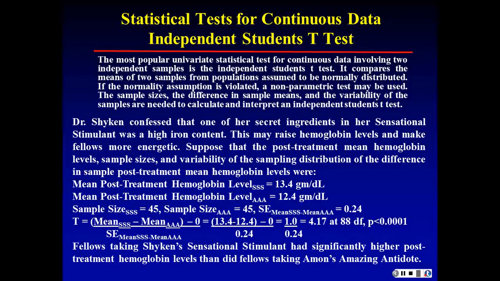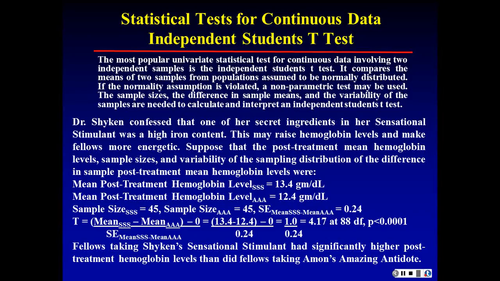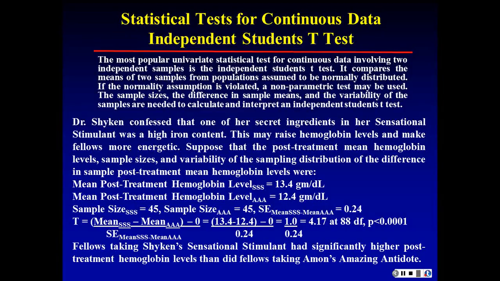You take the difference in the two sample mean hemoglobin levels, Dr. Scheiken minus Dr. Ramon, get that result, put the 45 fellows back in their respective groups, take out another 45 fellows from both groups, calculate the sample means for each group again, take the difference for those two samples, Dr. Scheiken minus Dr. Ramon, put the fellows back in their respective groups again, take out another 45 fellows from each group, do this an infinite number of times, and then plot all those differences in sample means on a distribution. The variability of that sampling distribution of the difference in sample means is your standard error.